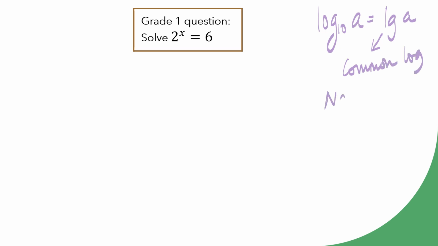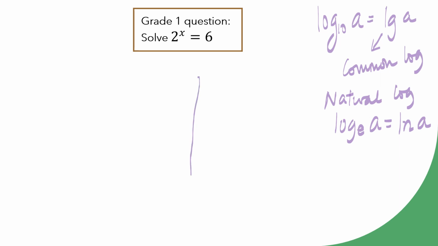Then there's another type called the natural log, where the base is base E. Log base E is commonly written as ln. You can find both of these in your calculator. You can use LG or you can use ln because they'll give you the same answer.